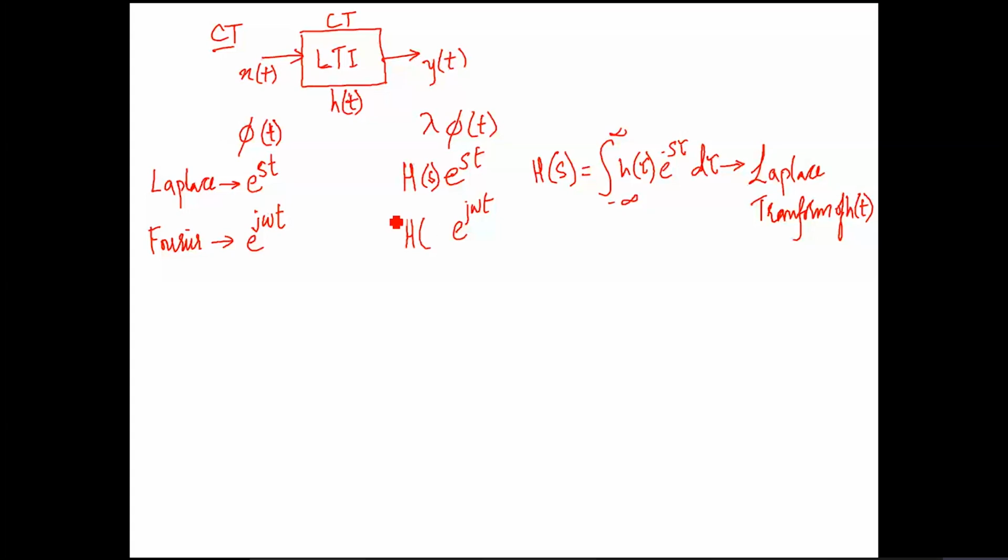And from comparison, it is just s being replaced by j omega, and you will have something like this. Later on, I'm just sort of jumping ahead, but later on we will see this: minus infinity to infinity h of tau e raised to the power of minus j omega tau d tau.